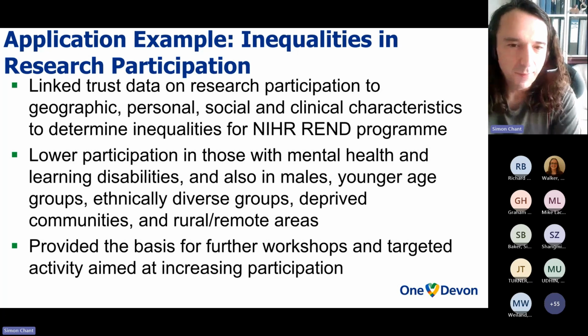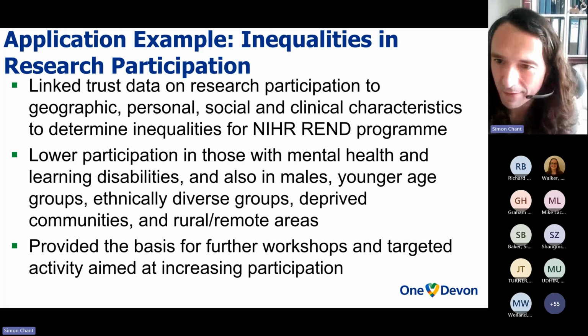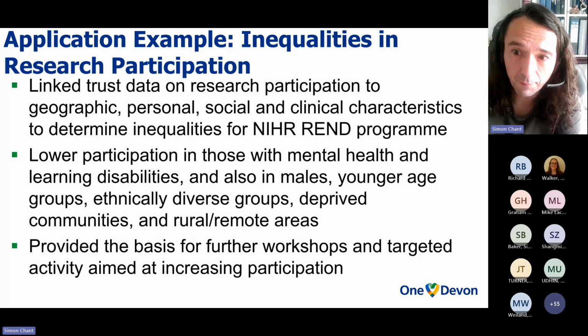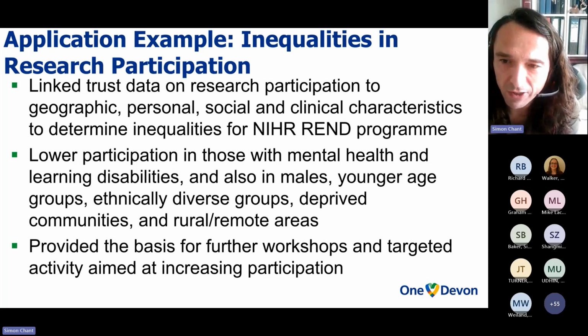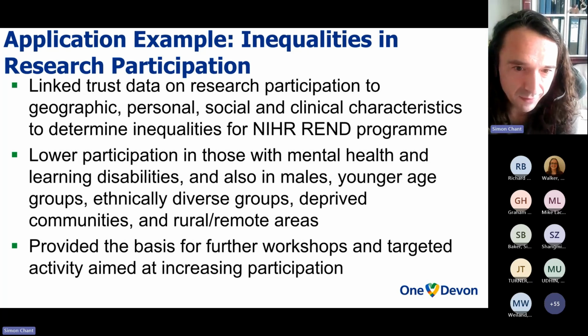And this analysis and bringing these data sets together allowed us to answer those questions locally. And what we found was lower participation in those with mental health and learning disabilities.